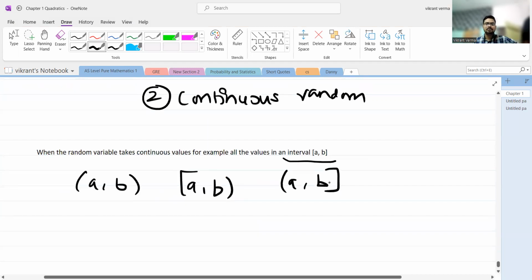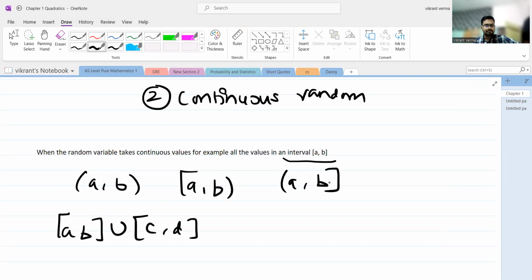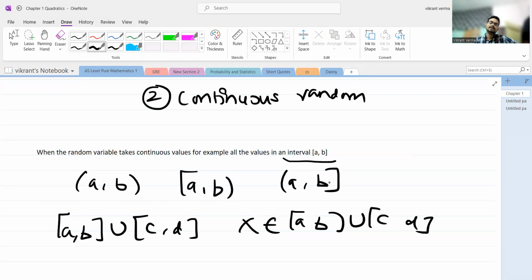It can take values in a union of intervals, for example the interval (a, b) union (c, d). So X can belong to a union of two intervals or more, but it should be a union of a finite number of intervals. This is the nature of our continuous random variable, that it takes continuous values.